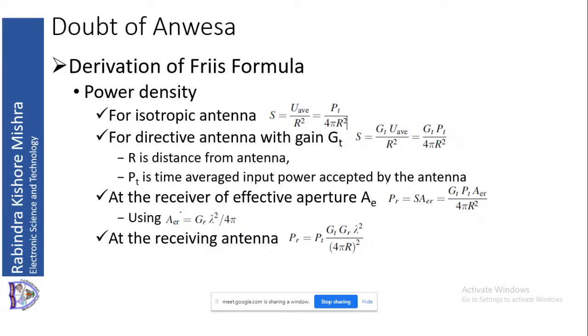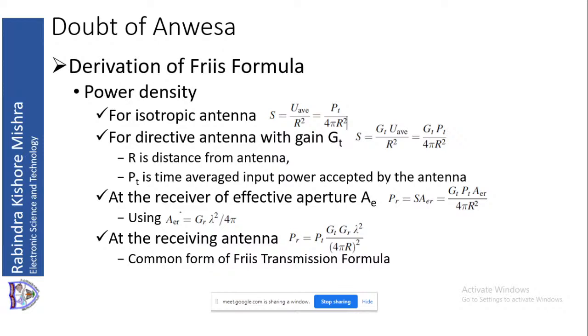So that will be PT into GT into GR into lambda square divided by two 4 pi terms and an R square term. Taking them together, 4 pi R whole square. So at the receiving antenna, you get PR is equal to PT into GT GR lambda square by 4 pi R whole square.